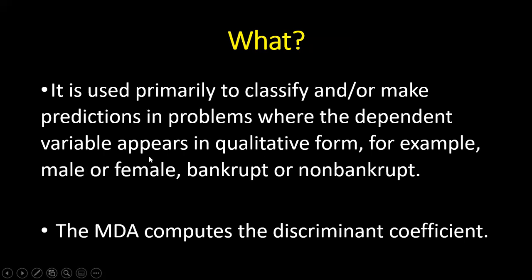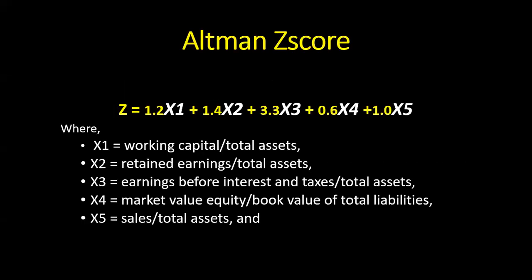For this paper, the researchers took companies which have filed for bankruptcy, and companies which are sick and not sick, and based on the financial information, they tried to classify them into potential sick companies and the companies which will not become sick in the near future. The MDA computes the discriminant coefficients, which are the coefficients we mentioned here.